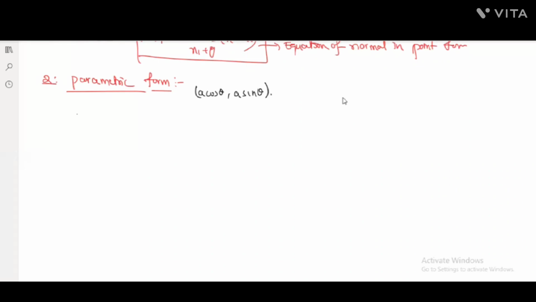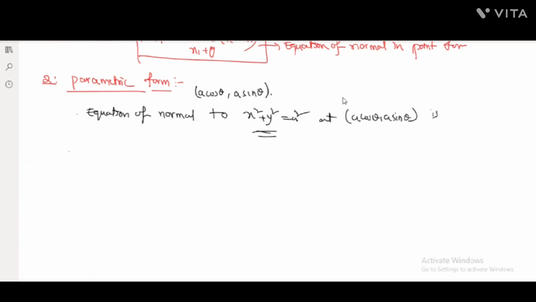So the equation of normal to x square plus y square is equal to a square at (a cos theta, a sin theta) is, let's see how.